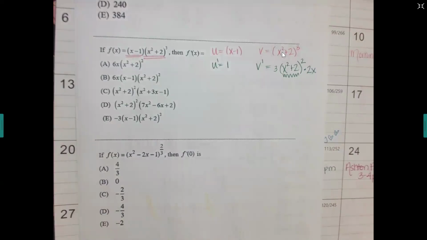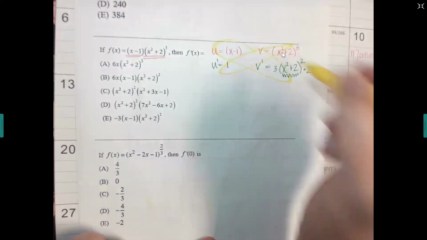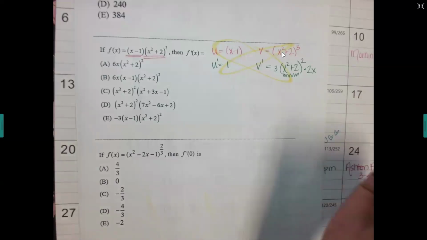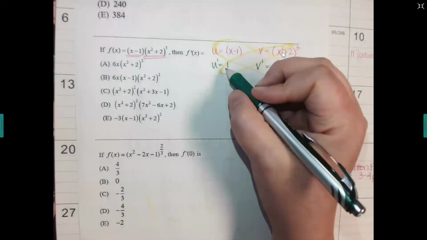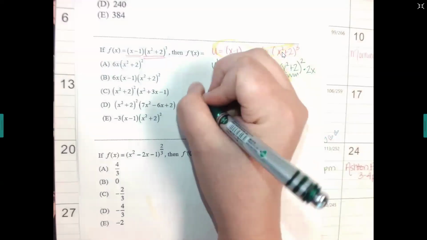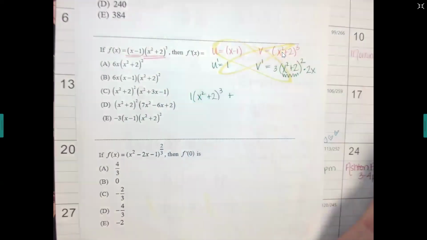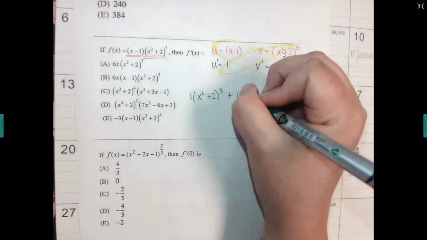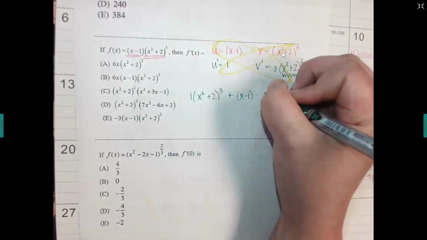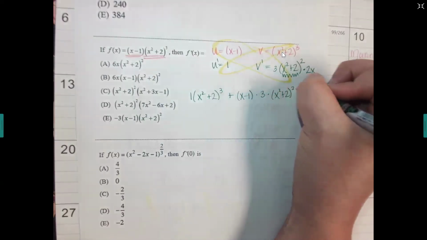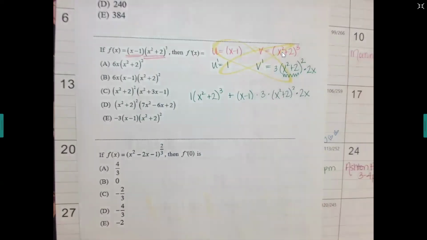Okay, then from there, remember, it's this plus this. Since you're adding for product rule, which diagonal you put first doesn't really matter. So let's just do this one first. So it's 1 times x squared plus 2 cubed plus x minus 1 times 3 times x squared plus 2 squared times 2x.